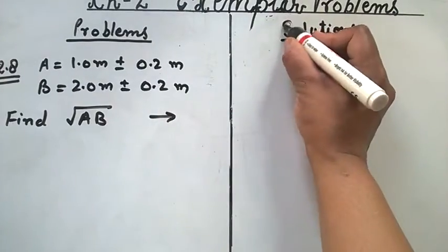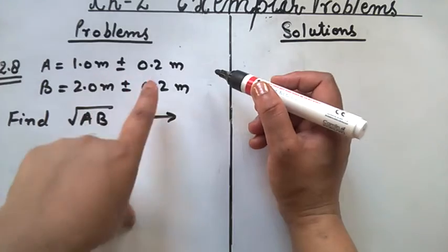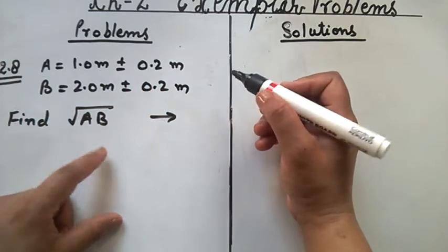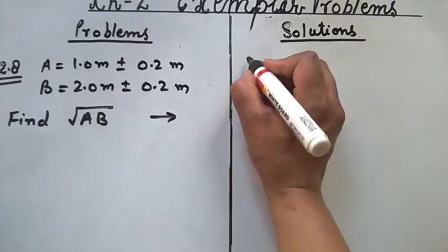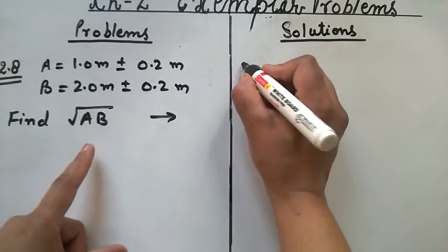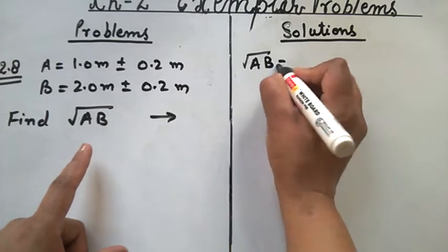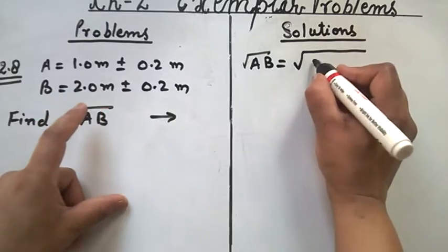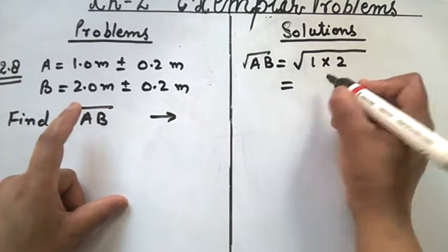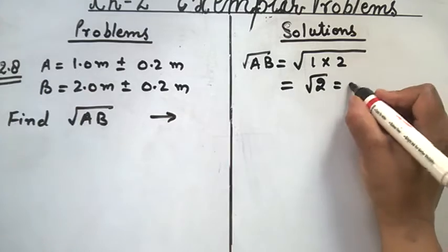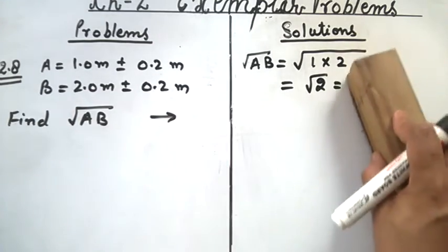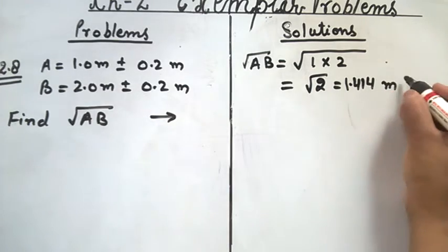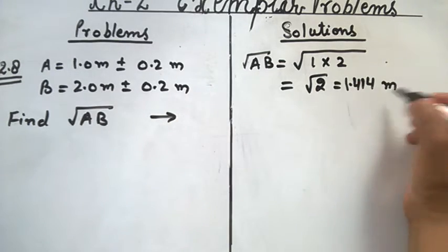2.8. Here in this question, the true value and error of A and the true value and error of B are given, and we have to find root of AB. So the true value of root AB is given as root of 1 into 2 meter squared, that is root 2, and it is equal to 1.414 meter, that is after the root it is meter.